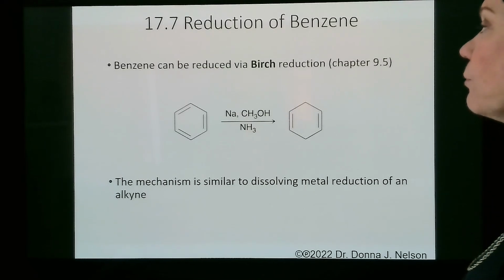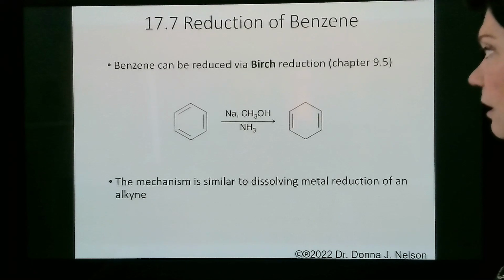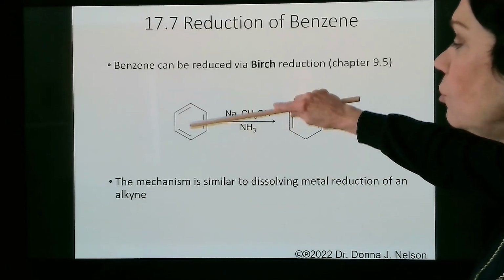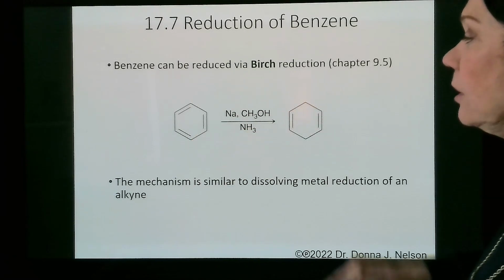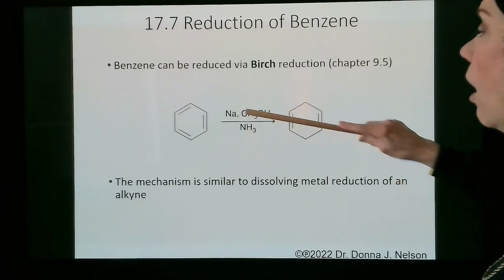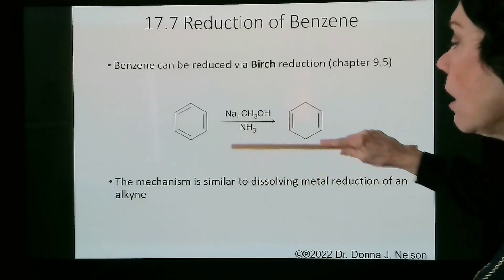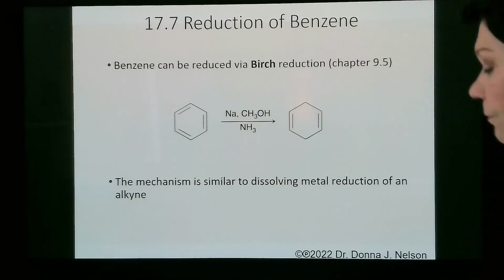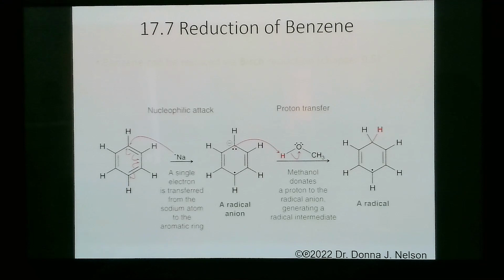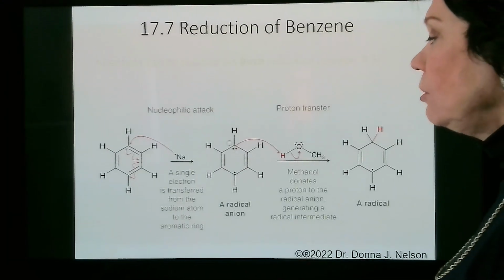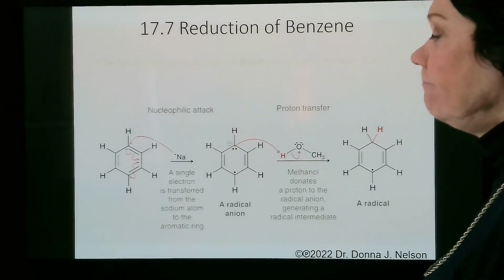Benzene can also be reduced in an unusual reaction called the Birch reduction, where the two positions that are reduced are para to each other. So these are at the 1,4 positions. And it's a somewhat unusual reaction.